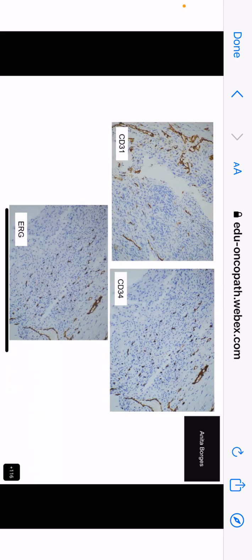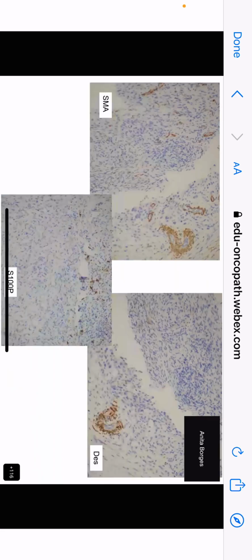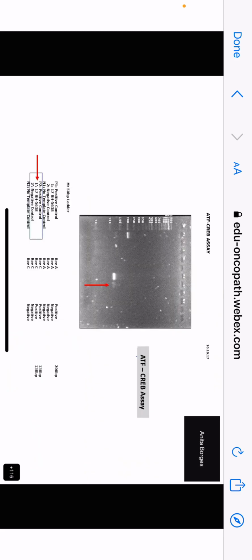If you thought that this was an endothelial cell tumor, it is not. It's not marking with SMA, desmin, S100 protein. If you want to do something and you don't need it, it is so typical. You can do an ATF1 break-apart assay, which we did, and it was possible. But this is not because we needed to do it. It was just done as a matter of course.